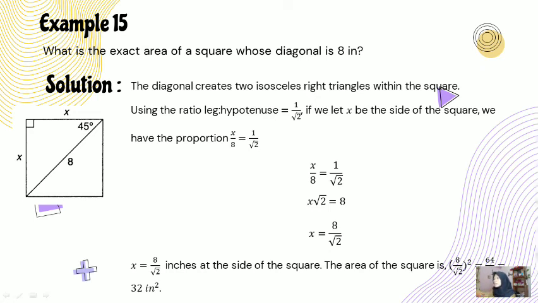If we let x be the side of the square, we have the proportion x per 8 equals 1 per square root 2, and x square root 2 equals 8, and so x equals 8 per square root 2 inches, the side of the square. The area of the square is 8 per square root 2, squared, equals 64 per 2, so it equals 32 square inches.